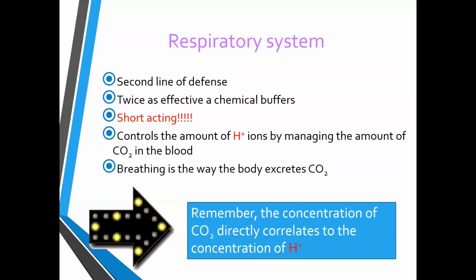And you have to remember that the concentration of CO2 directly correlates to the concentration of hydrogen ions. Sometimes the respiratory system can take care of bigger changes in the pH. If you breathe slow and shallow, it will help retain CO2. But if you breathe deep and rapidly, you'll blow off that CO2.